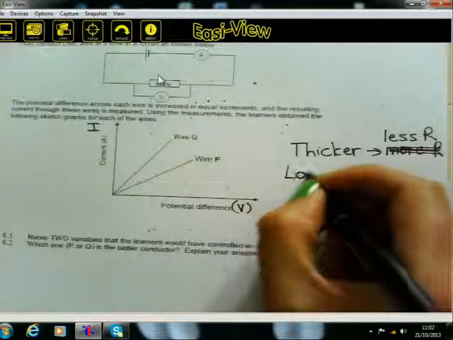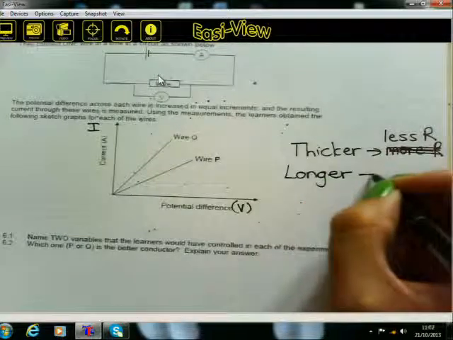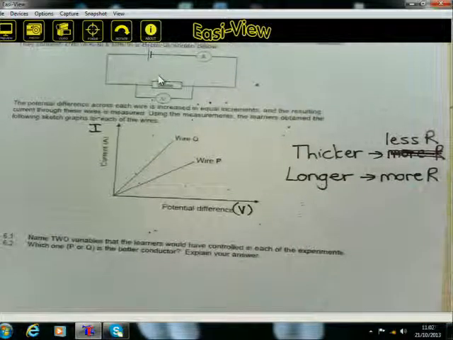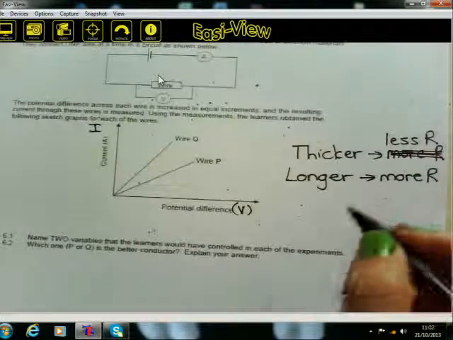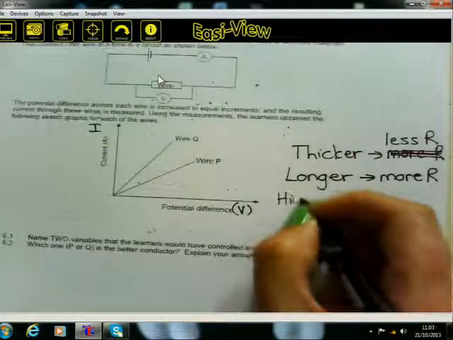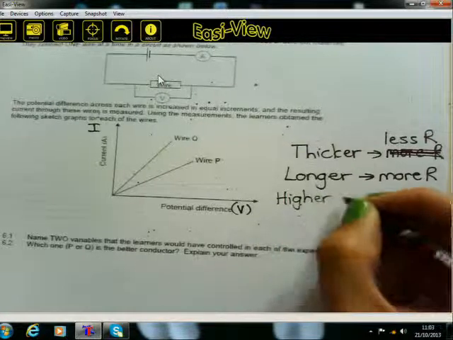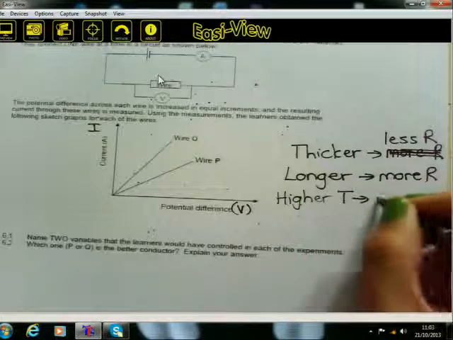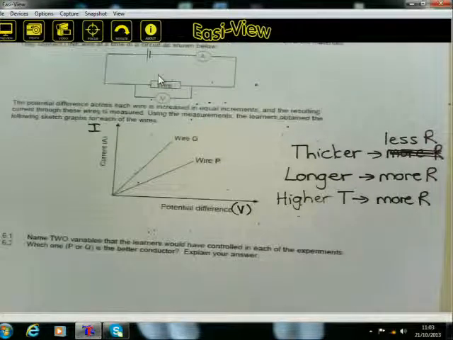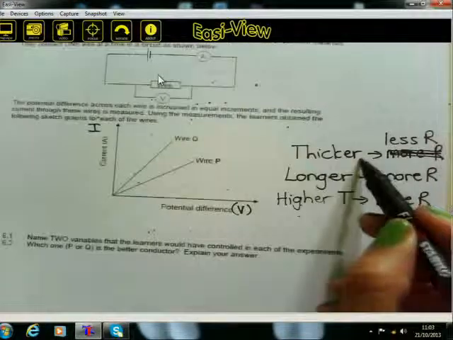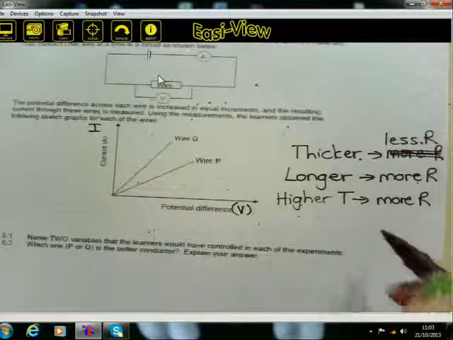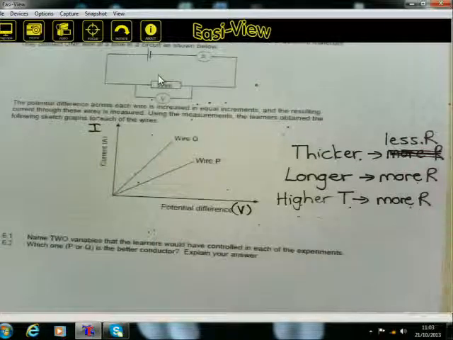The longer the wires, the more the resistance will become. And then temperature. Higher temperature, more resistance. This is important that you know this. So thicker material, less resistance. Longer material, more resistance. Higher the temperature, more resistance.